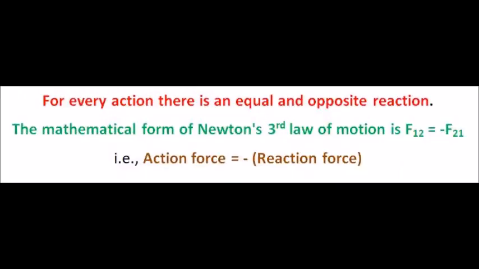Or, for every action, there is an equal and opposite reaction. The mathematical form of Newton's third law of motion is F12 is equal to minus F21, that is, action force is equal to negative reaction force.